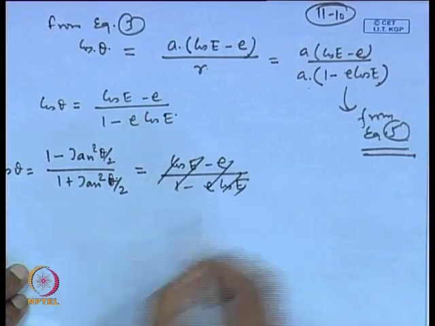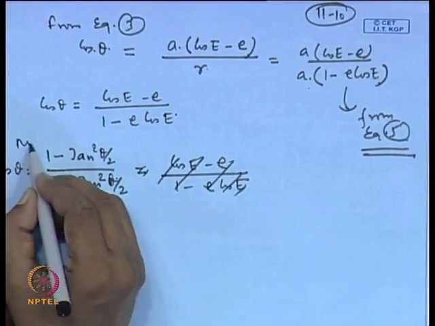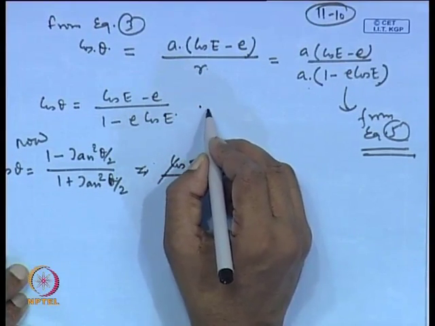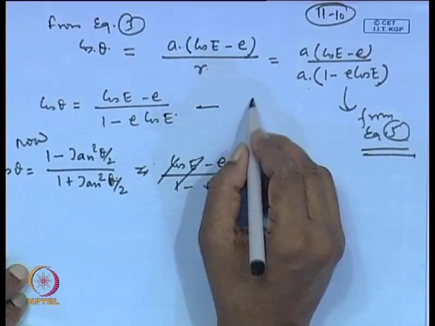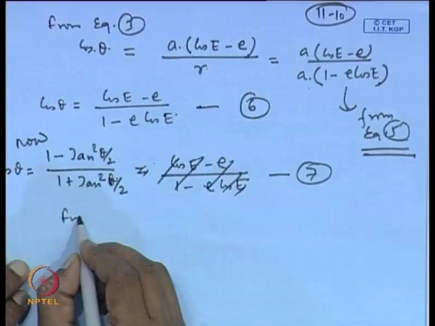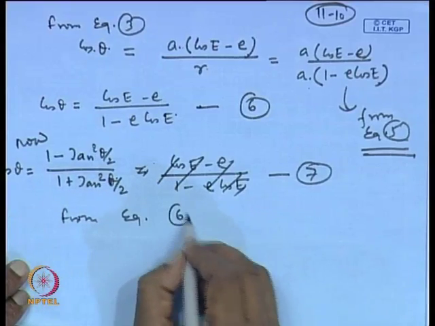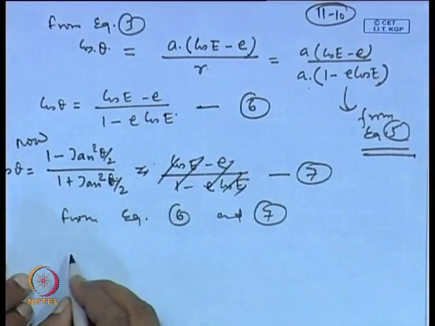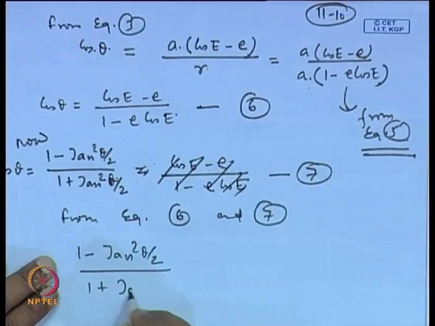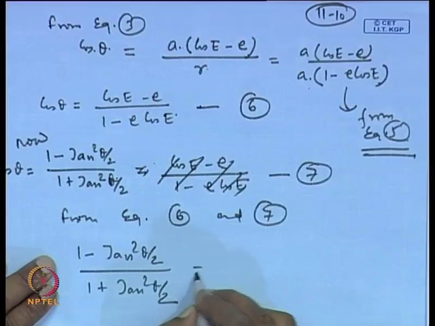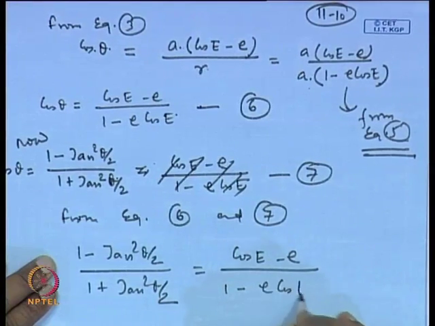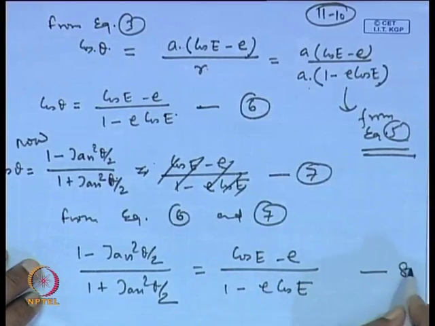Let us term this as equation number 6. Okay. And this is equation number 7. From equations 6 and 7 we can write 1 minus tan square theta by 2 by 1 plus tan square theta by 2 will be cos e minus e divided by 1 minus e cos e. This is our equation number 8.